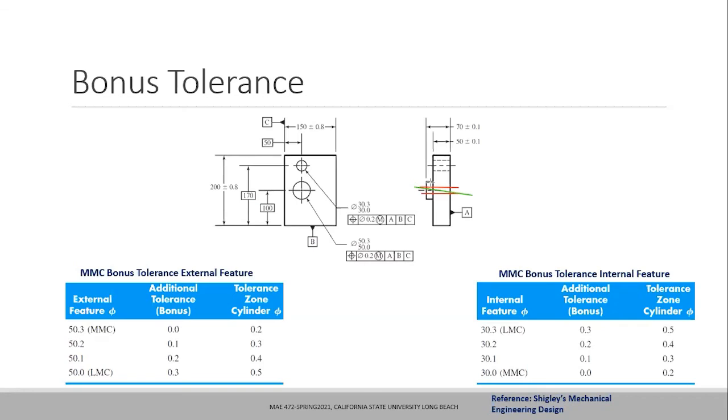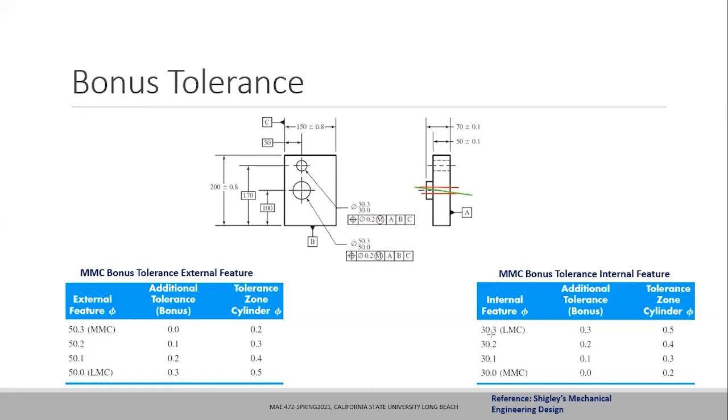But anyways, about the bonus tolerance, is everything making sense to you guys so far? Yeah, everything makes sense. Same thing when we have this incoming feature, you basically have the MMC at 30 millimeters. So at that time, the bonus tolerance is 0.